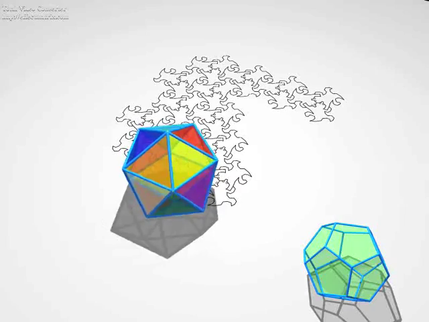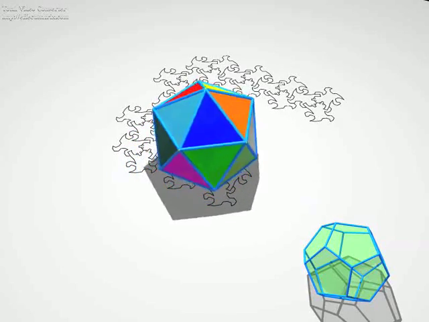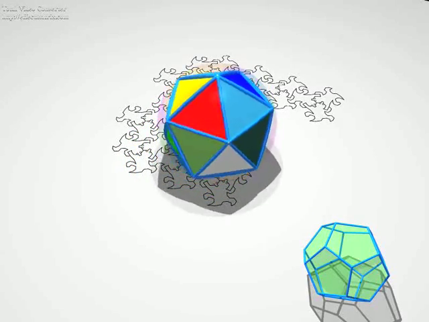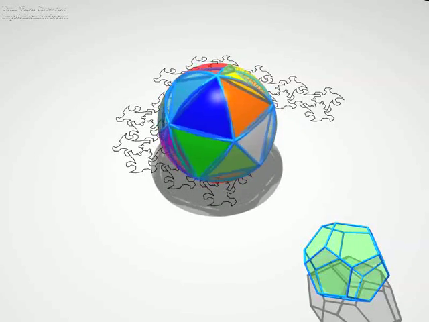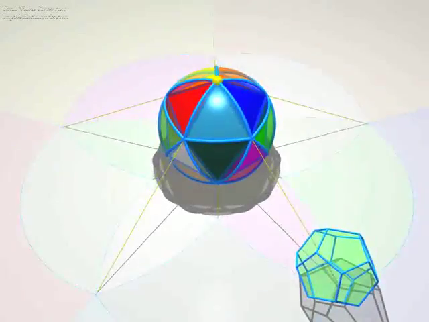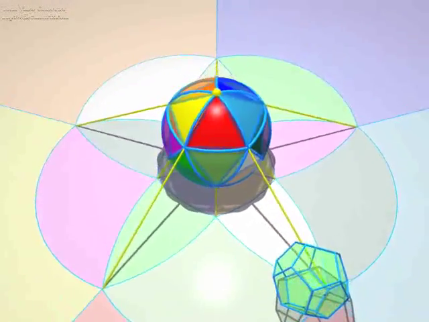Now here comes an icosahedron. Its structure is more complicated, but it's not hard to understand even for the lizards.